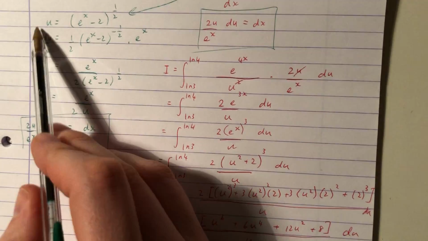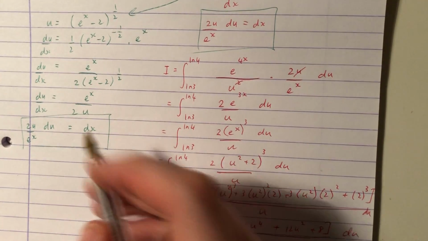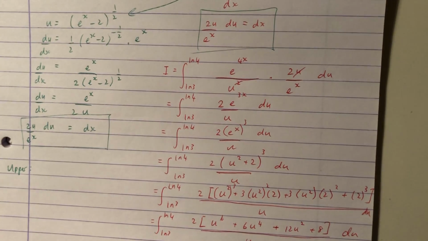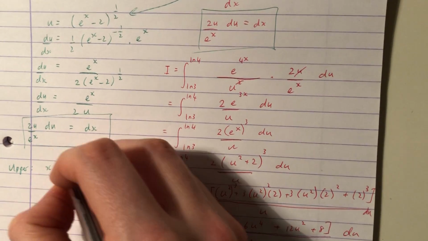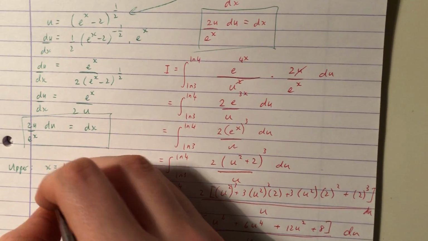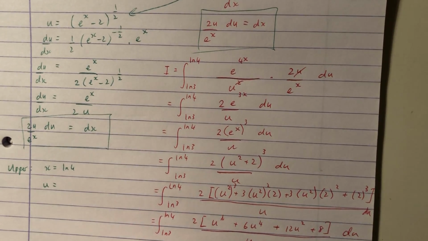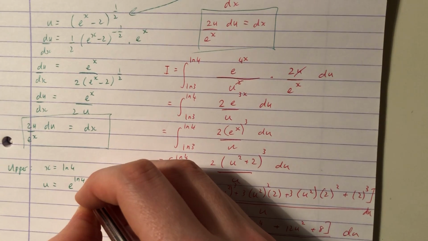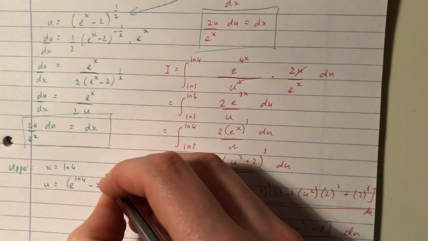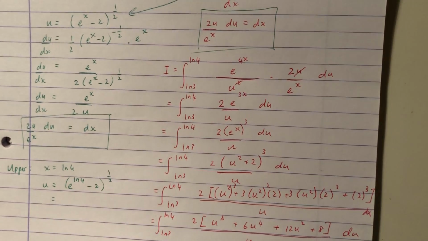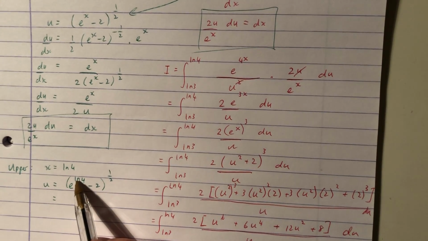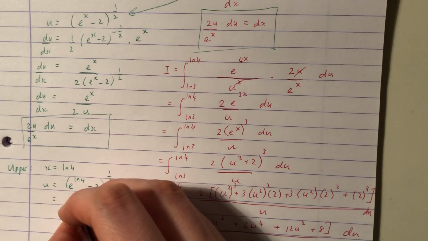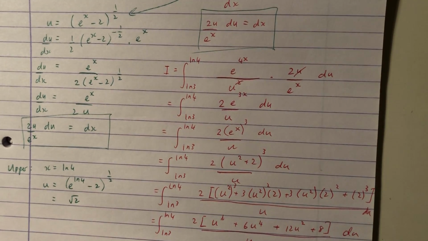So there's the formula for u there. So let's take the upper limit, which is x equals ln 4. If you substituted that into that formula, e to the ln 4 subtract 2 to the power of a half. The e's and the ln's cancel, so that's just 4, subtract 2 is 2, so that's root 2.